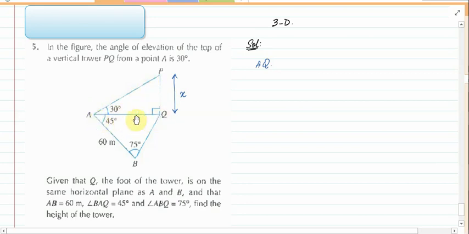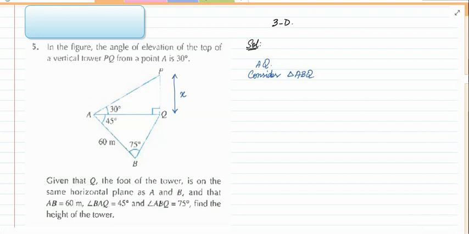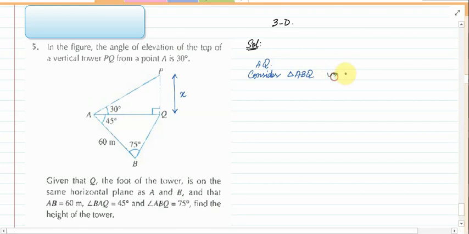So AQ we can find out by the triangle ABQ, right? So first thing, consider triangle ABQ. Is this a right angle triangle? No, there is no 90-degree angle. That means now we need to deal with further trigonometry.